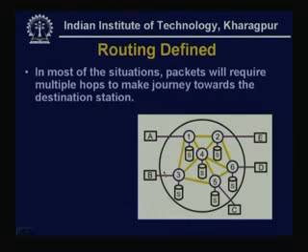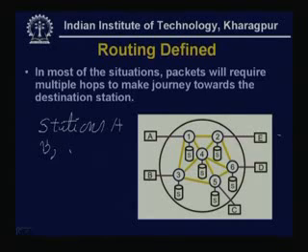So, first let us focus on what is routing and why it is needed. Here a typical schematic diagram of a switched communication network is given. Here, as you know, we have a number of stations, A, B, etc., and a number of nodes.